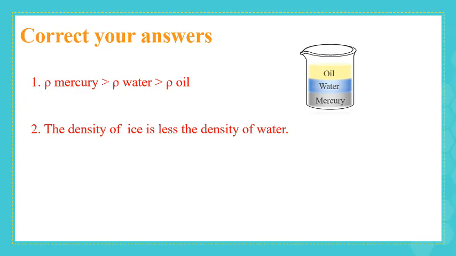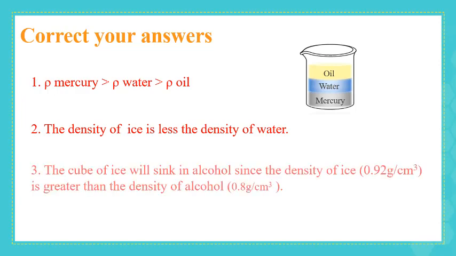Number 2, because the ice floats on the surface of water, then its density is less than the density of water. Number 3, the cube of ice will sink in alcohol because the density of ice, that is 0.92 gram per centimeter cube, is greater than the density of alcohol, that is 0.8 gram per centimeter cube.